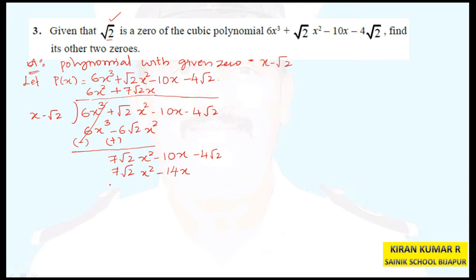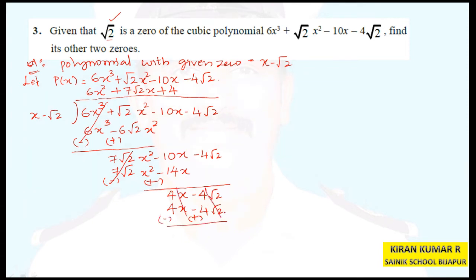Next, change the sign. The first term we can cancel. We get positive 4x minus 4 root 2. If you multiply positive 4 with x minus root 2, you will be getting 4x minus 4 root 2. Change the sign.